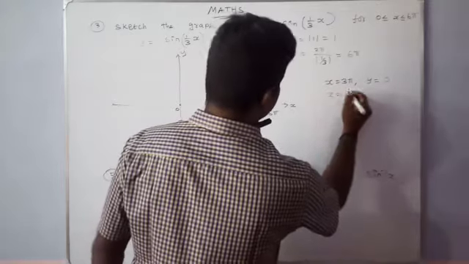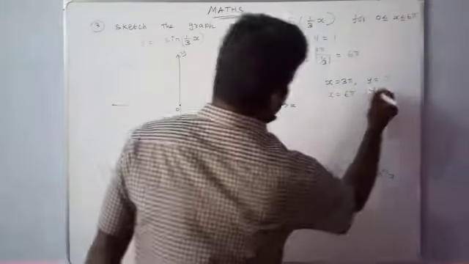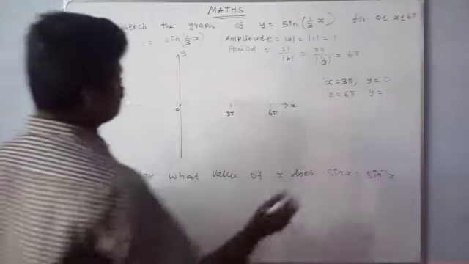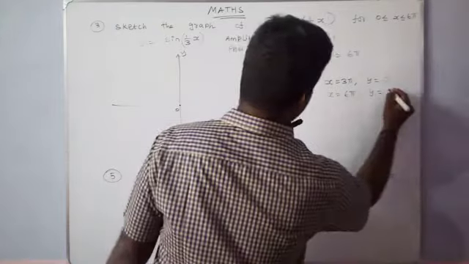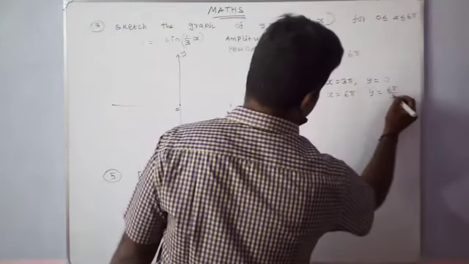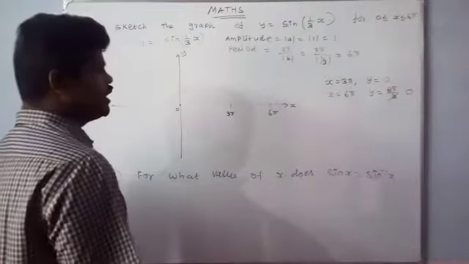And x is equal to 6 pi. Okay. The y value is sine 6 pi by 3. Sine 6 pi by 3 means sine 2 pi, which is also 0. Okay, right.